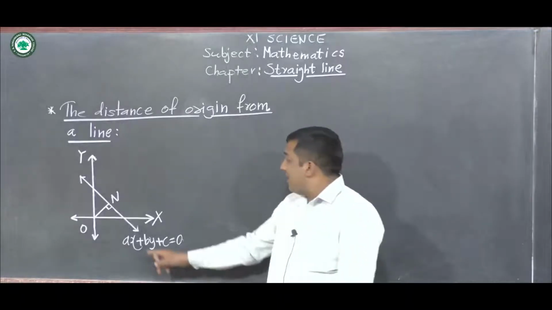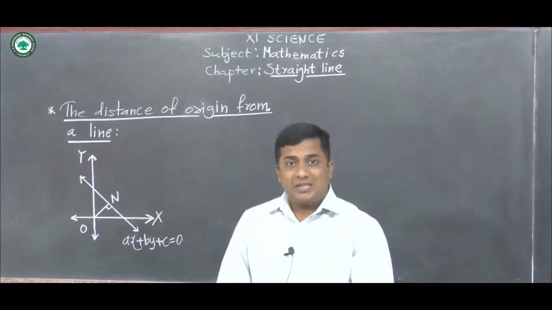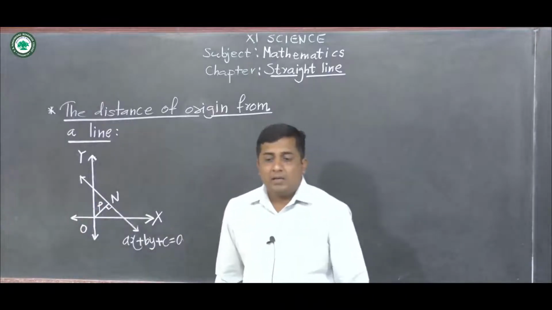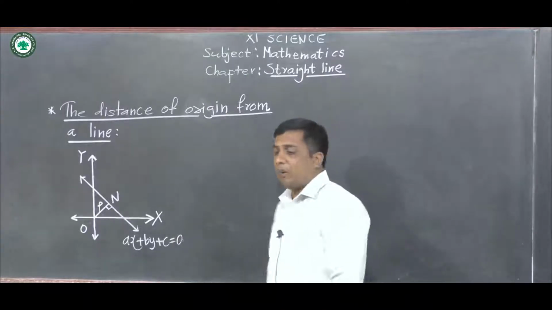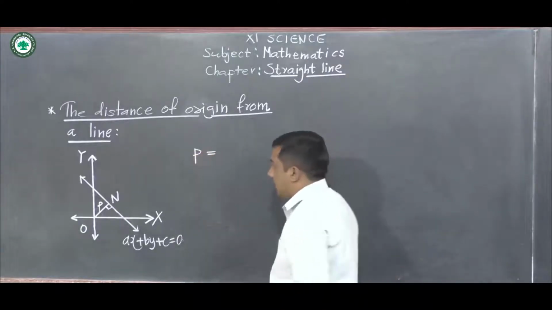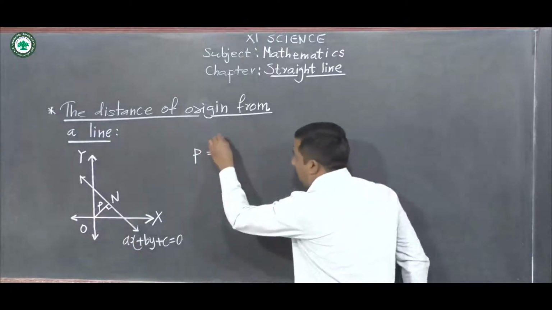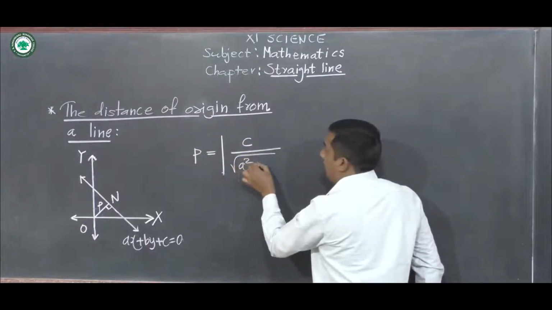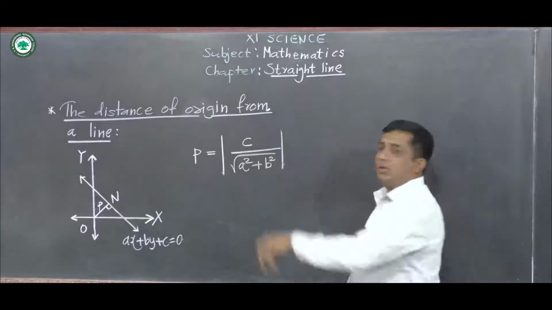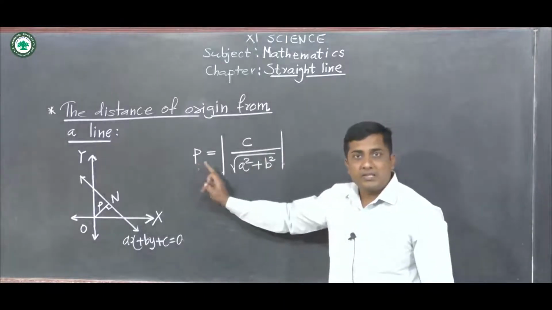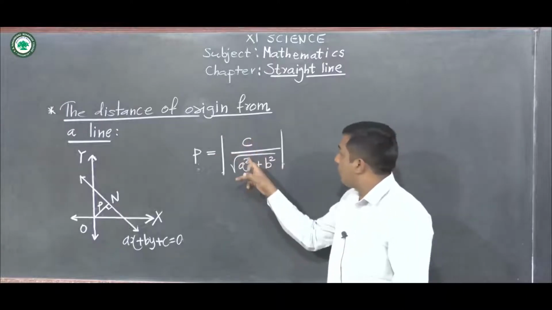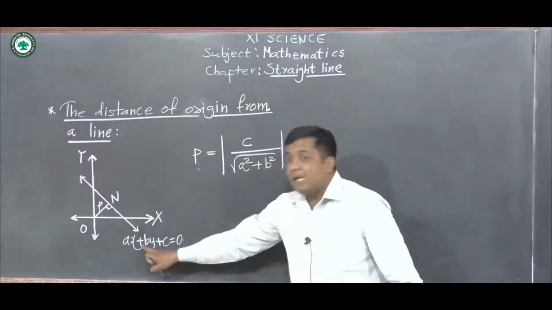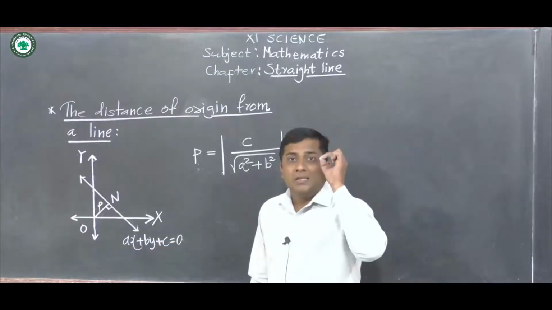Since our line is ax plus by plus c equal to 0 and here ON, suppose this distance is p, then we find this distance by using the formula: p is equal to inside the mod c upon square root of a square plus b square. Here a, b and c are from our line.